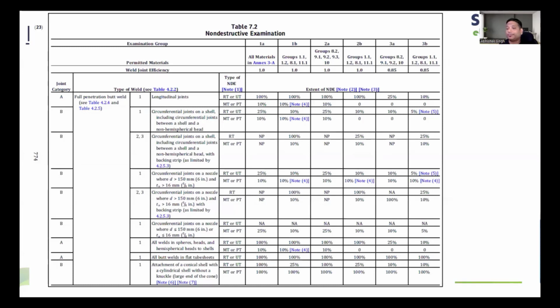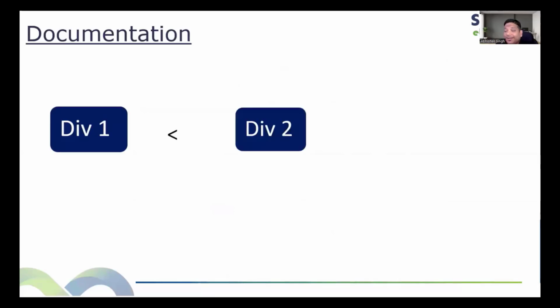But now it is very much comparable, and that is the reason the use of Division 2 is becoming more prominent and frequent. If you talk about documentation, then definitely, because the design is complex at each and every stage, your calculations will be very large.